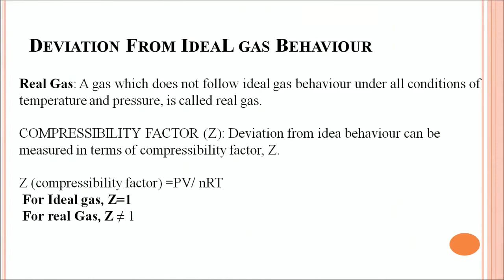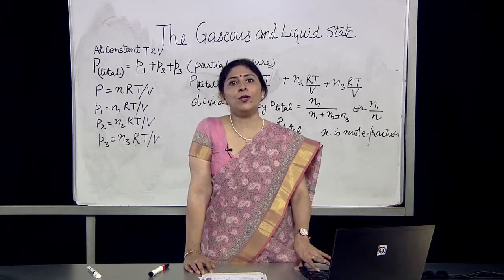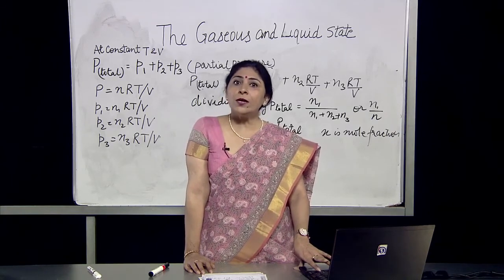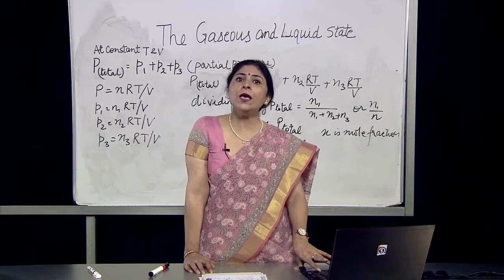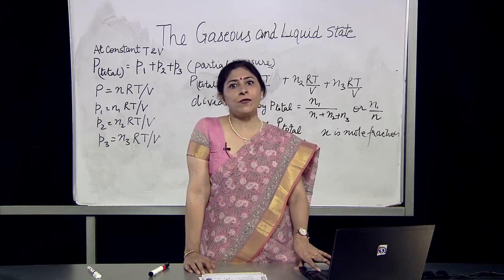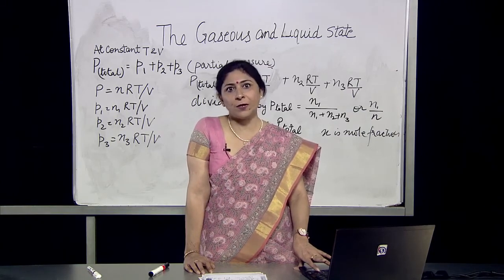But real gases do not follow the ideal gas behavior and do not show a value equal to 1. Thus, a straight line is obtained for the ideal gas when the graph of PV versus pressure is plotted, but for real gases, different curves are obtained.